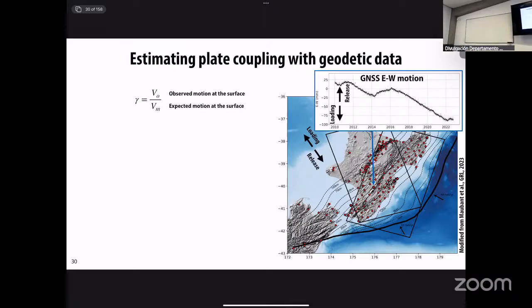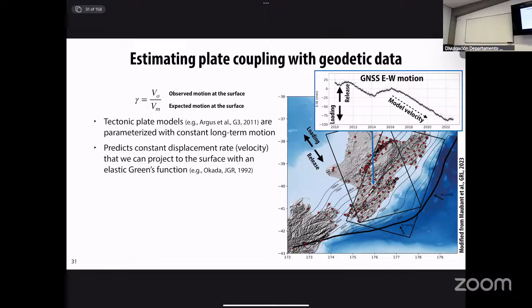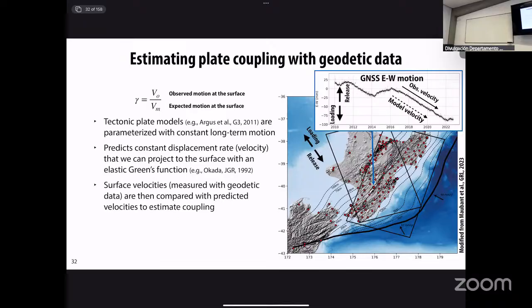So we can go back to our definition of plate coupling. We can put the denominator here on the figure and say this is the velocity that we would expect if we had a fully coupled plate interface. We can then fit a linear trend to our observations and say we observe the same thing, and we would come away and say we have a 100% coupled interface around this GNSS station. Just as simple as that.